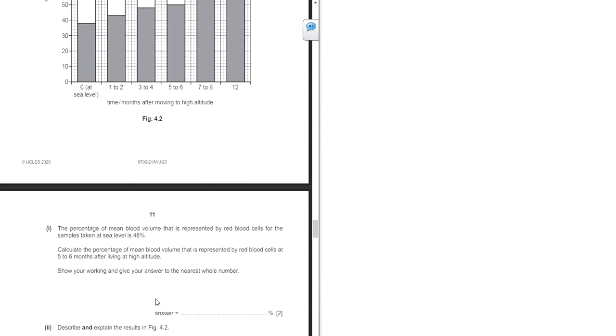Show your working and give your answer to the nearest whole number. That shouldn't be too difficult. You have to look at the total volume of blood per kilogram body mass and then the volume of red blood cells. Find the percentage.